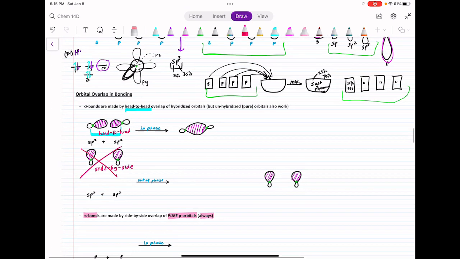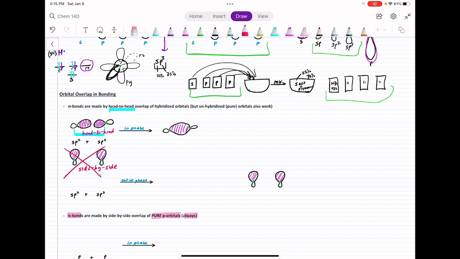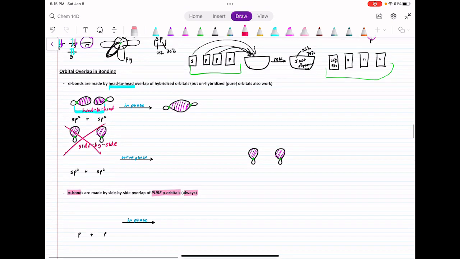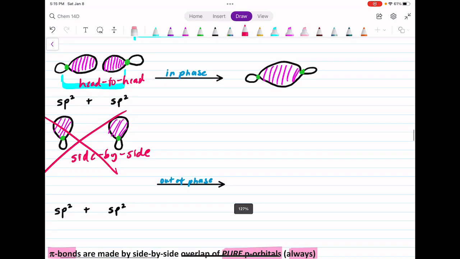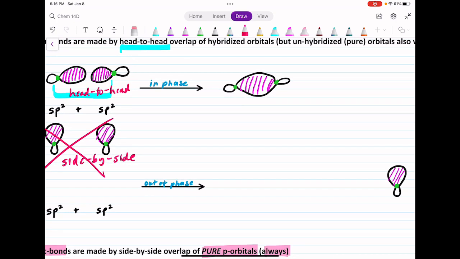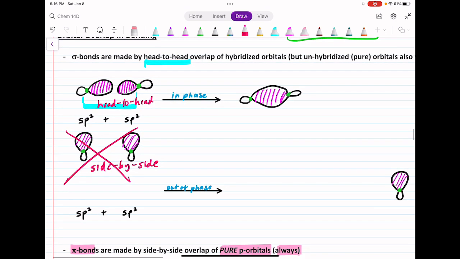Okay, so before we get into any sort of pi bonding systems, let's now do the out-of-phase combination. So the out-of-phase combination is still going to be, just like we saw with the head-to-head. But now we can do the out-of-phase combination version of these two. So let me just go ahead and copy these, I suppose.